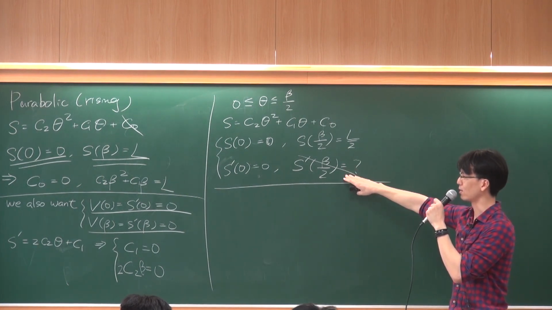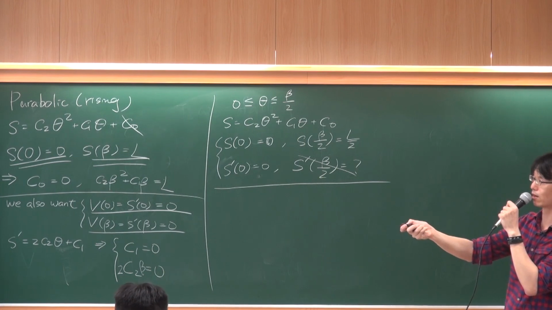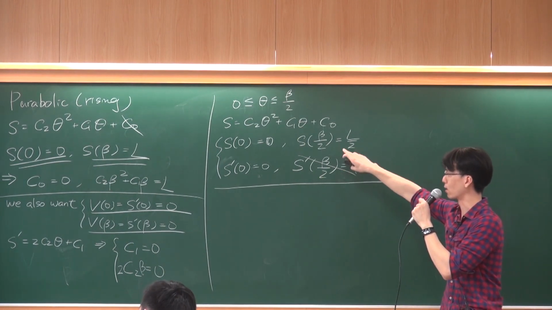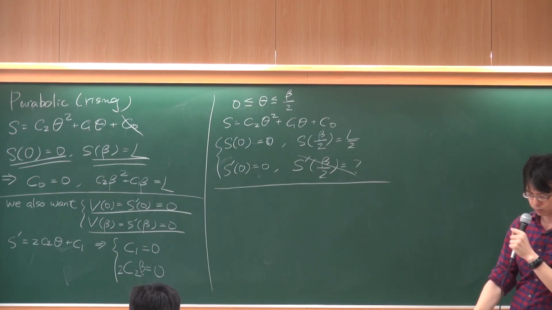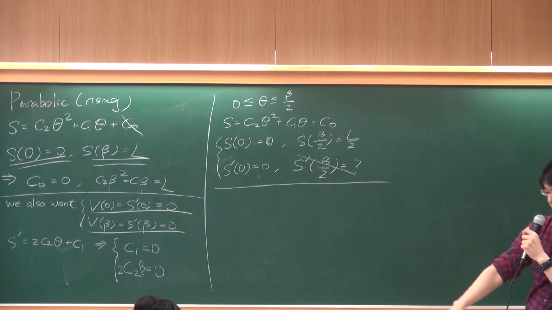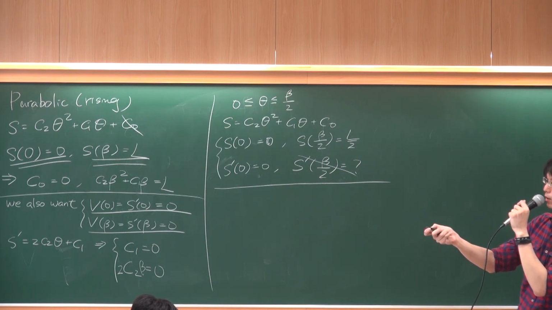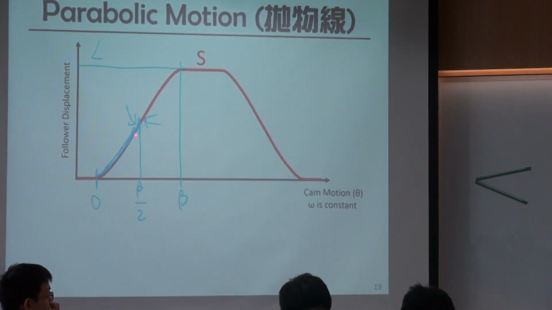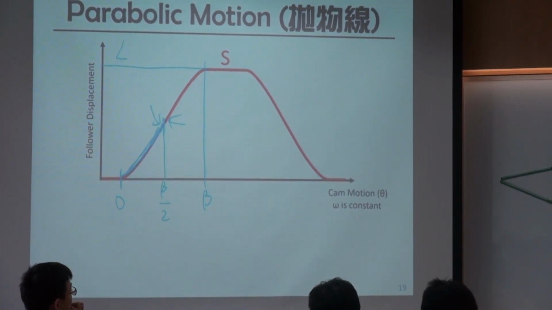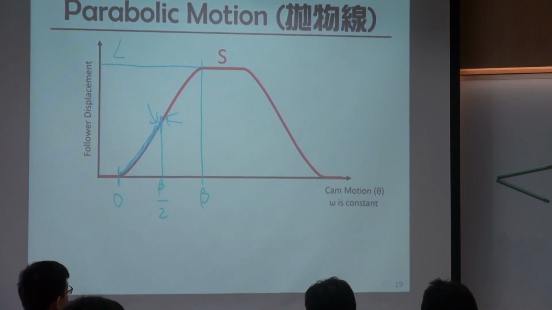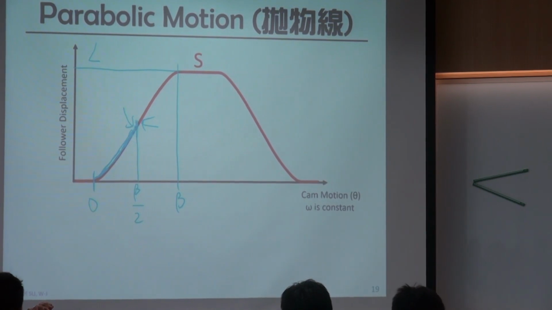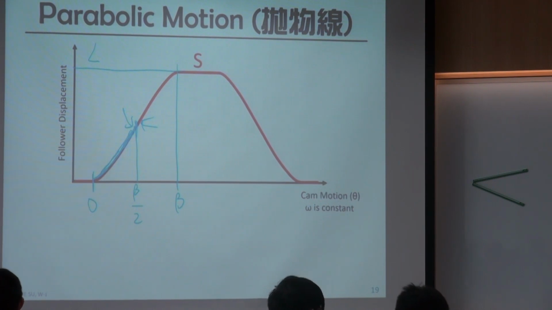This one doesn't need to be 0. Obviously, it's not 0 for now. I define this third condition because it hasn't reached the top point, where we need to ensure the velocity is 0. At this point, we don't need to ensure the velocity is 0. It can be something else. So we don't need to determine it for now.